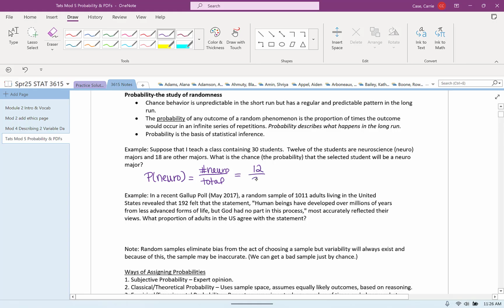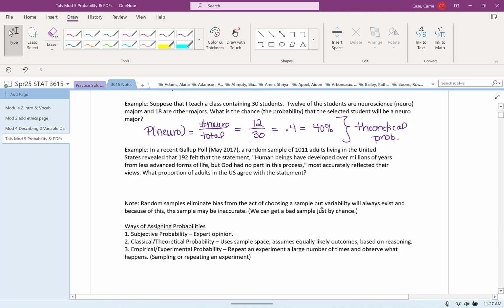That's 12 over 30. If I change that to a decimal, it's 0.4, and if I change that to a percentage, it's 40%. This is considered theoretical probability.